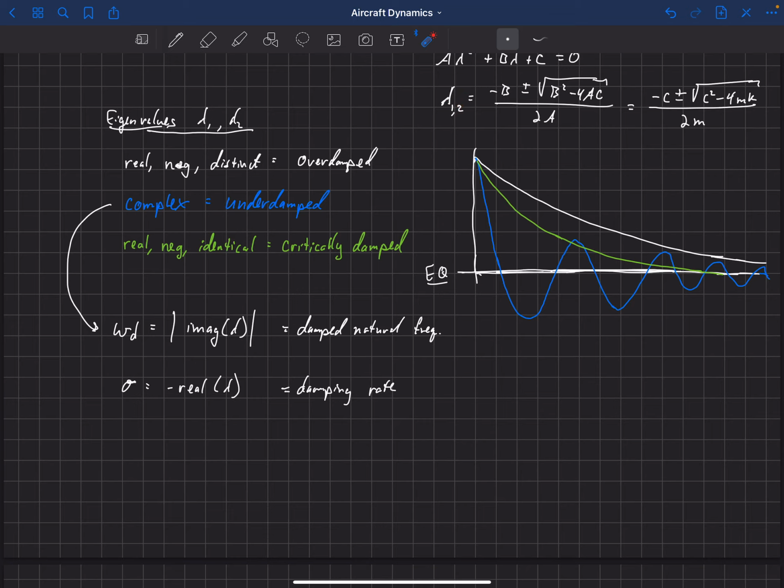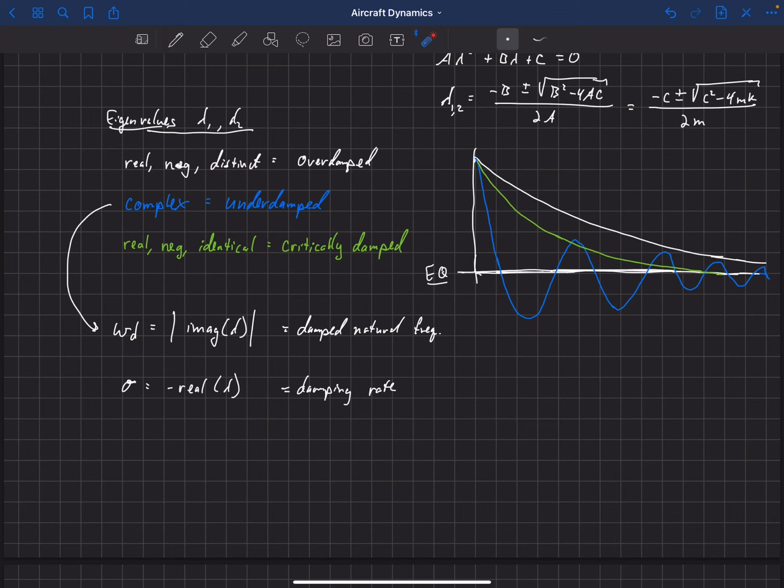If both are real and distinct, they may not look related because it's two real numbers, whereas a complex pair comes out as complex conjugates of each other. But we can put them together to understand some things about this dynamic motion.